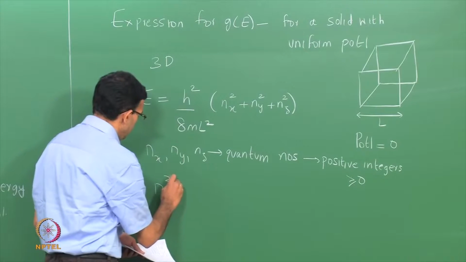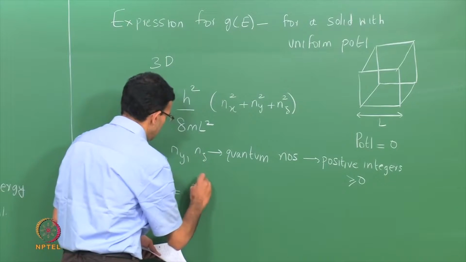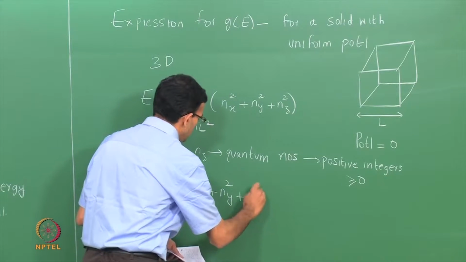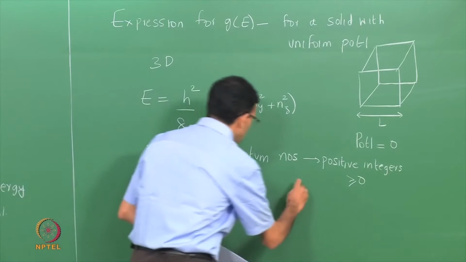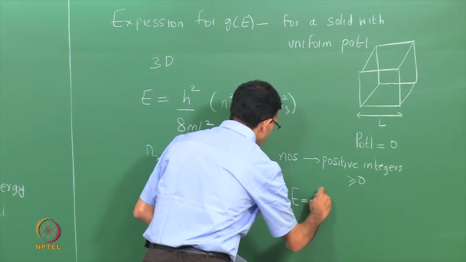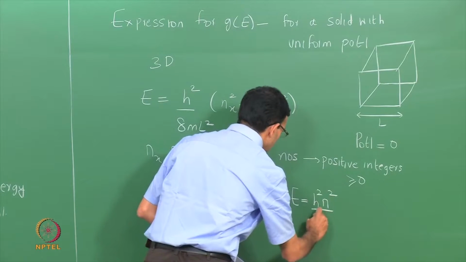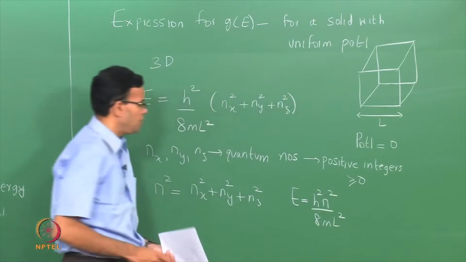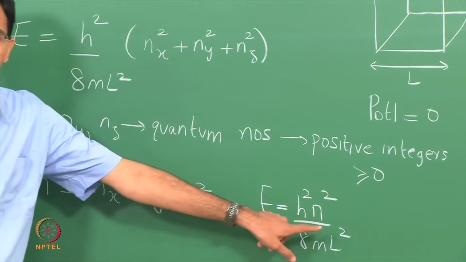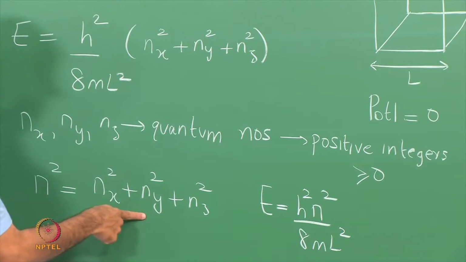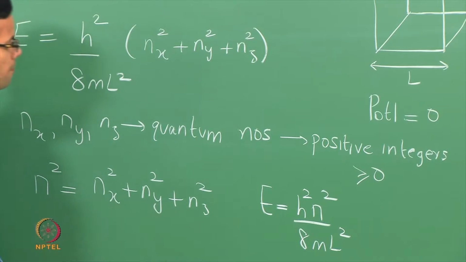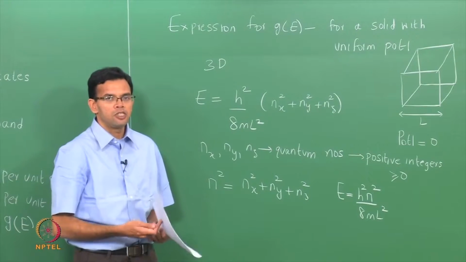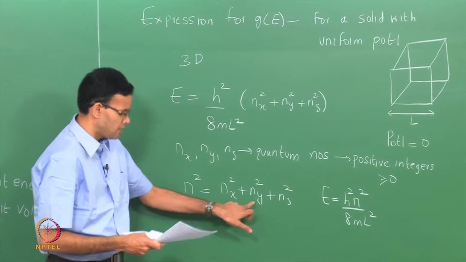We can write n square equal to nx square plus ny square plus nz square, so that energy E can be just written as h square and n square, which is the quantum number which includes both nx, ny and nz. So, n is also a positive integer and it can take all possible values depending on the values of nx, ny and nz.